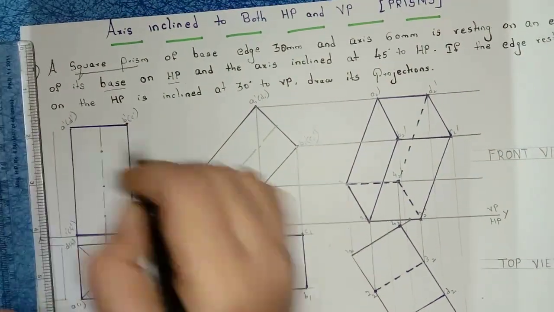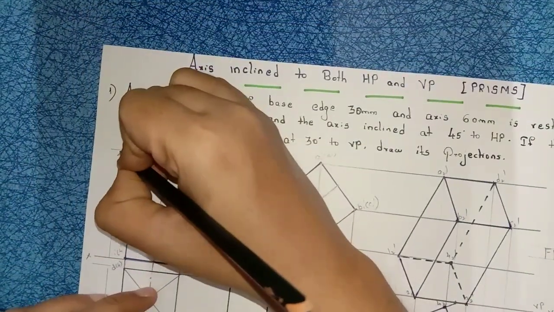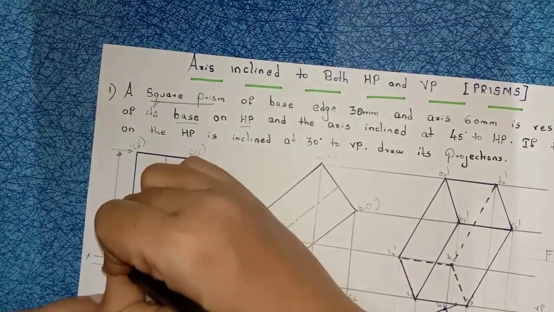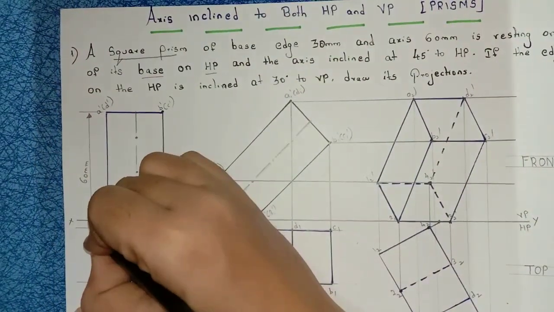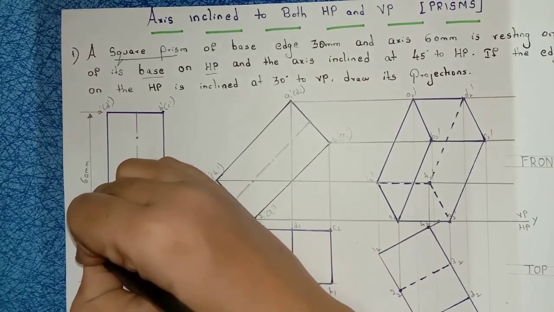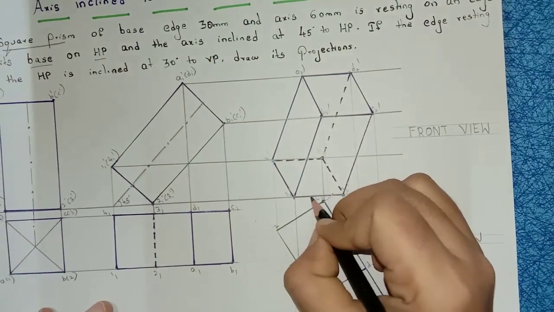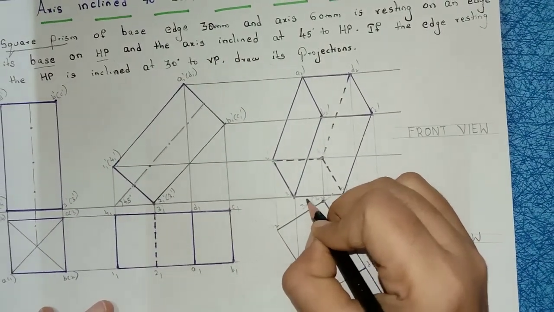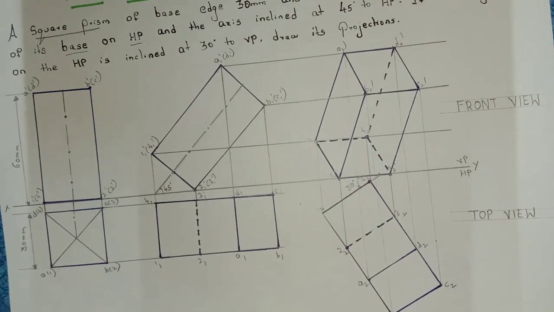Axis height is here 60 mm. Right, mark the dimensions properly. This is 60 mm, right, and this is your 30 mm. Right, mark the angles 45 degrees to HP and here 30 degrees to VP. Right, so this completes your problem number 1.